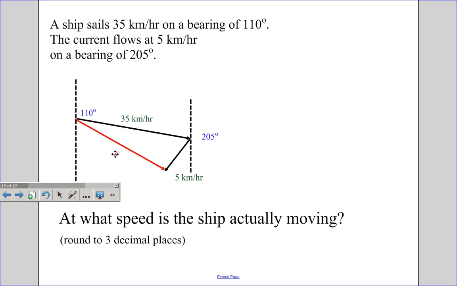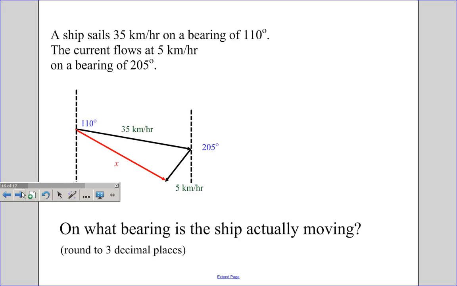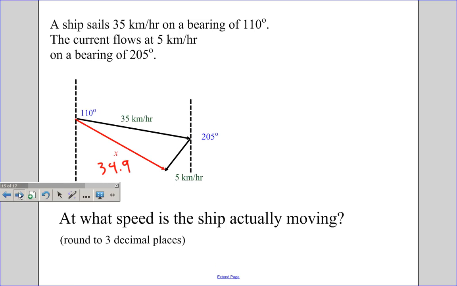So this distance here, this is a much better drawing than what I had, but this distance here is 34.9. So with that being said, what bearing is that actually moving in? So we're looking for that angle there. We found out this angle was 85. The side was 34.9.